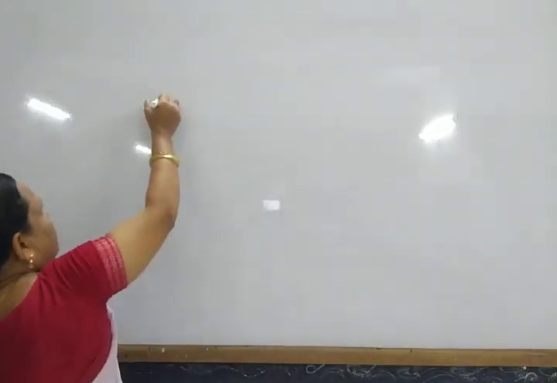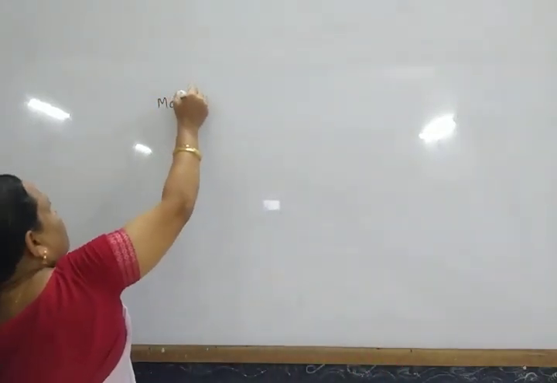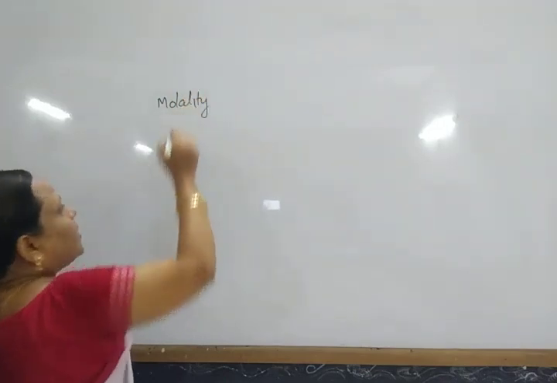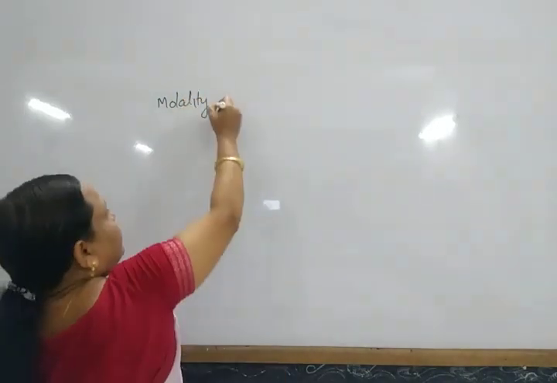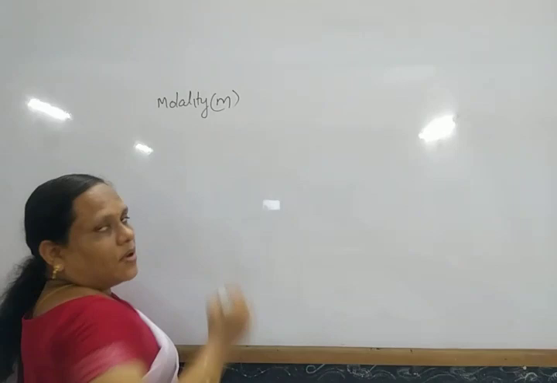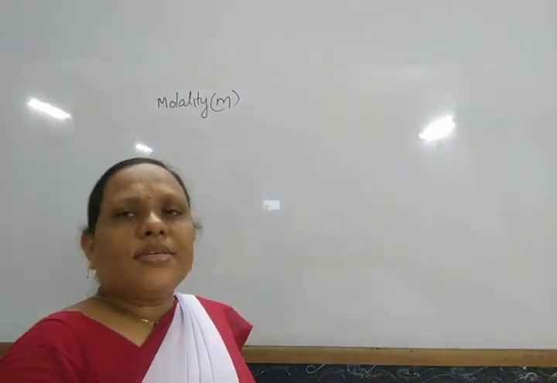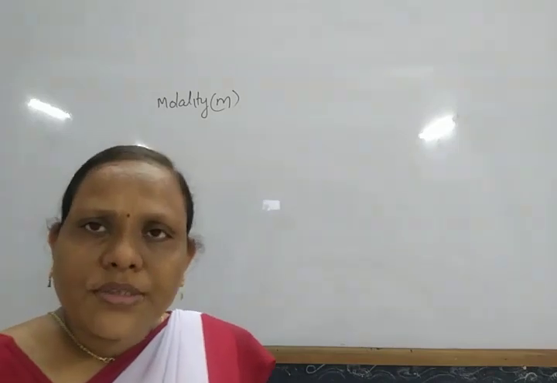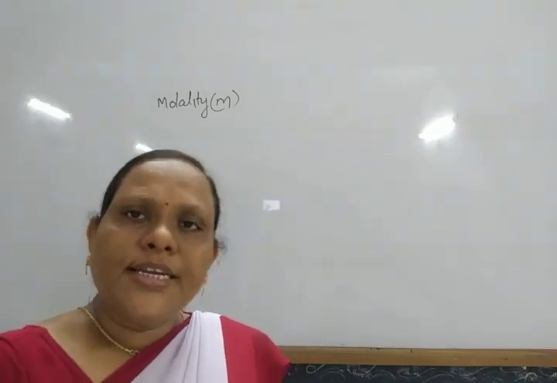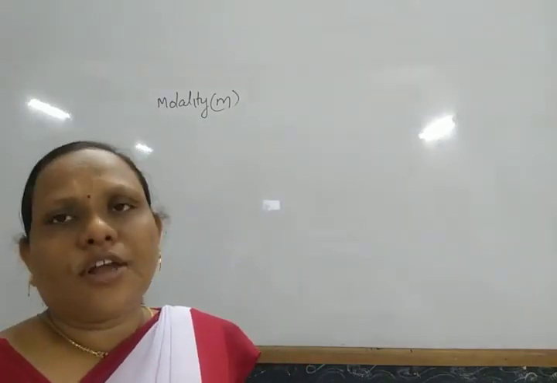Next come to another concentration term, that is known as molality. Molality is represented by the letter small m. So what is molality? This is the number of moles of solute present per kg of solvent.